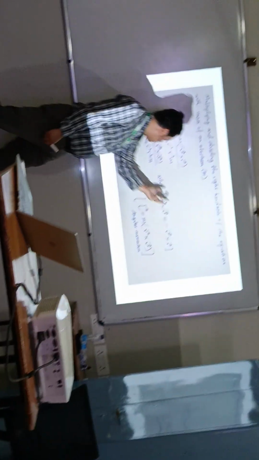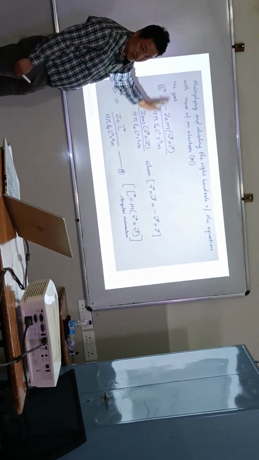Like you see here, vector cross vector, the cross product is not commutative. That's why we are taking negative V vector cross R vector. So when we substitute this here, the negative sign is cancelled.